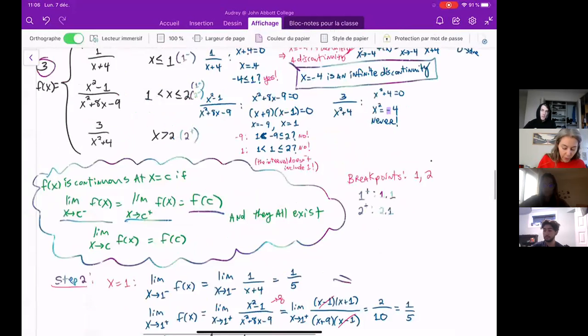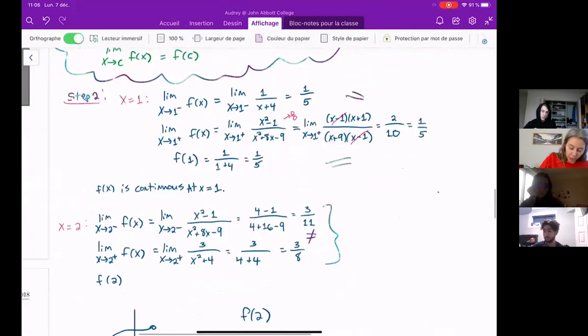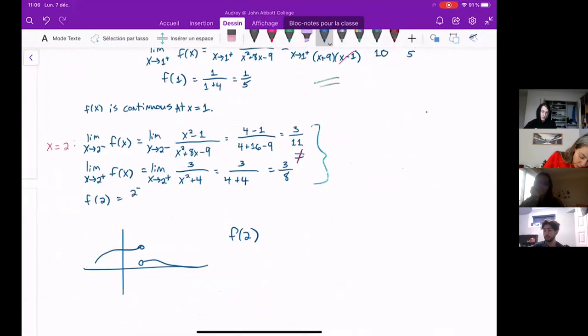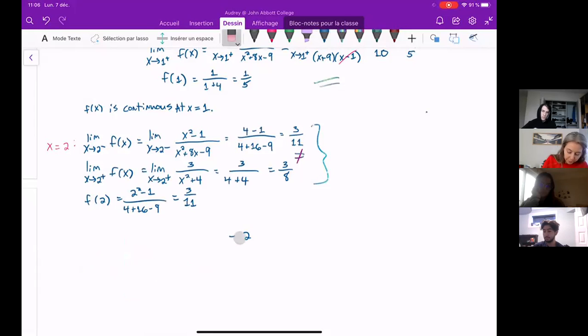F of 2, we go to the middle function. So f of 2 is 2 squared minus 1 over 4 plus 16 minus 9, which is equal to 3 over 11. Well, I did this backwards, but yeah.